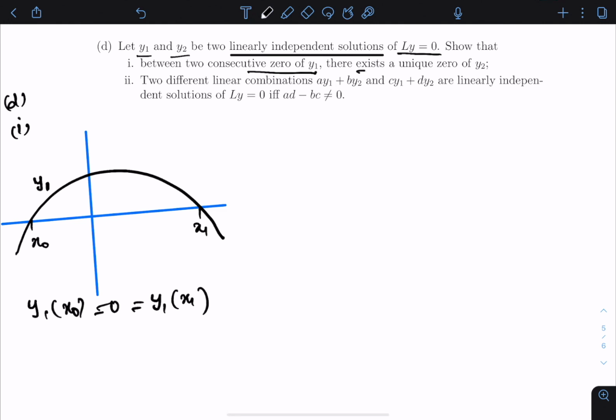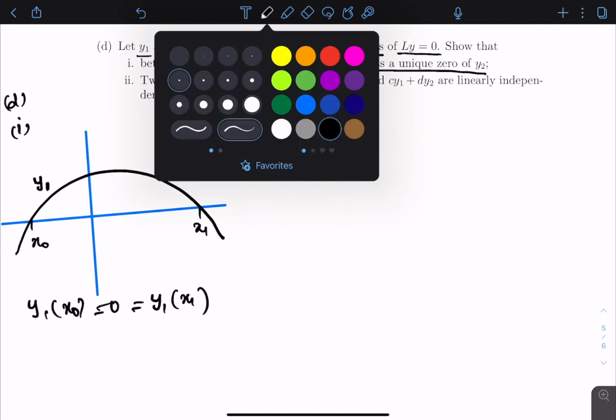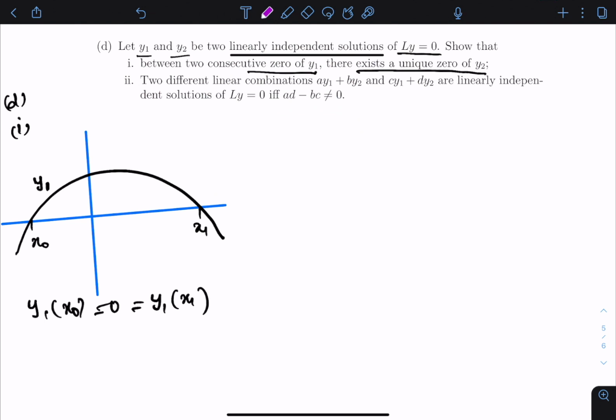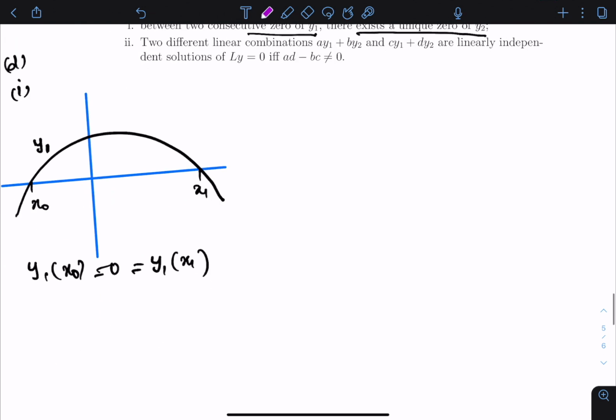Then there exists a unique zero of y2. So y2 is another linearly independent solution of this. So what should happen is that if this is your y2, then let's call this, let's say, x2.